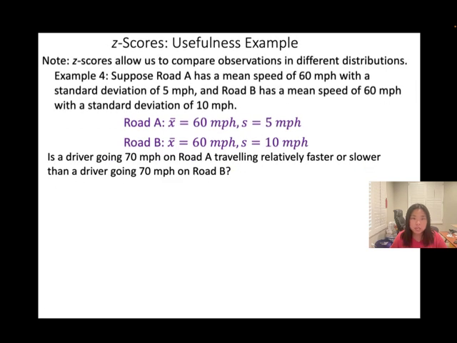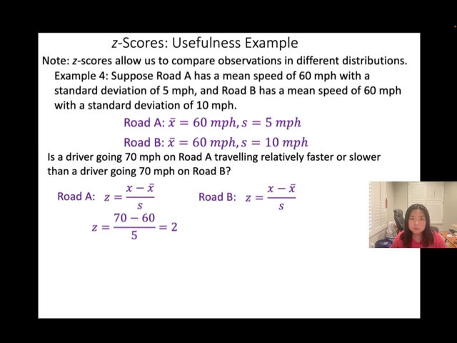Okay, I want you to try. I showed you how to find the Z-score on wall A. The data 70 minus the mean divided by the standard deviation, which means Z is going to be equal to 2. Z-score equal to 2 means there are 2 standard deviations above the mean. I want you to try to work on wall B here.